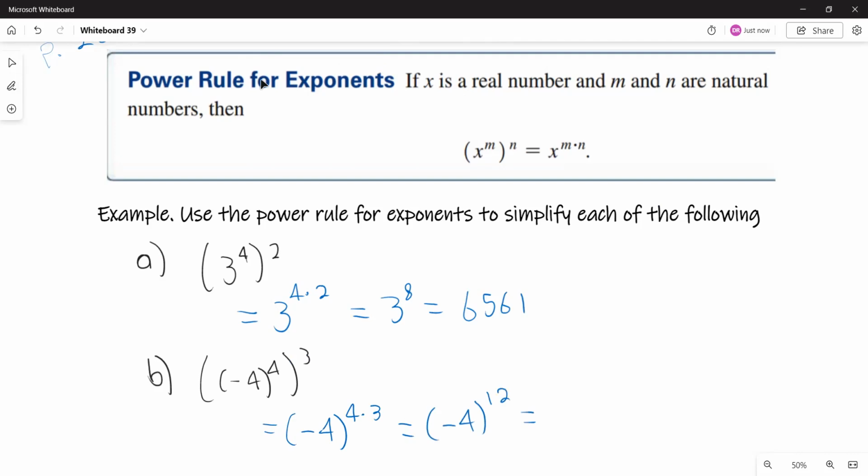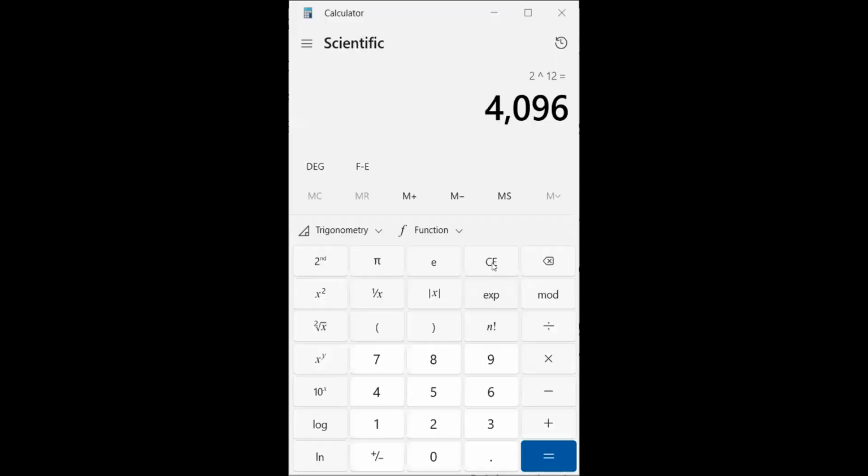So we have a grouping symbol. If you evaluate on a calculator, make sure you're grouping the base. So this is -4 raised to the 12th power, and that is 16,777,216.